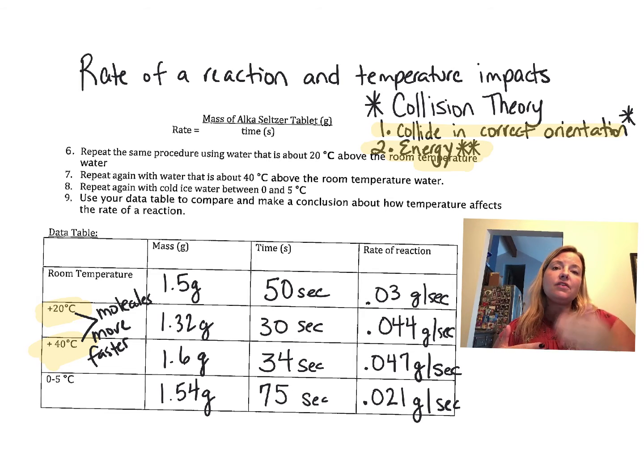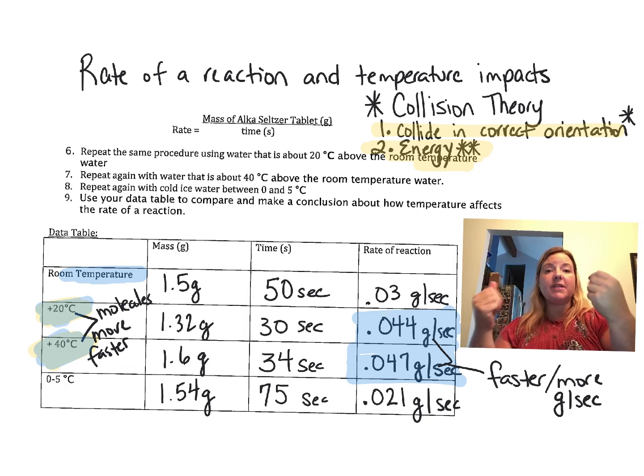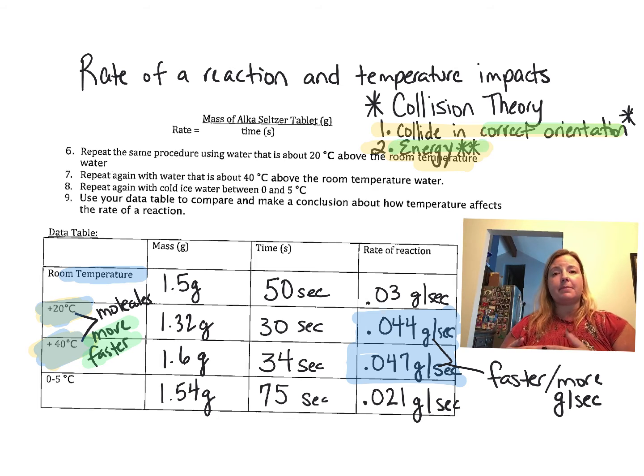If we look at the trend on this data table, when the chemical reaction happens at hotter temperatures compared to room temperature, the rate of the reaction, in grams per second, is faster because those molecules are moving faster, so they bang into each other with more energy and with the correct orientation.